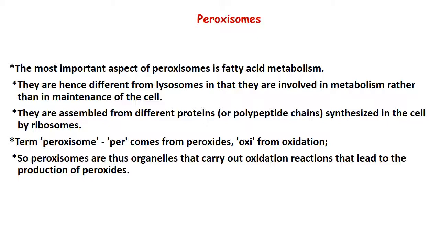Remember, peroxisomes are involved in metabolism, not in cell maintenance. They are assembled from different proteins synthesized in the cell by ribosomes. In the term peroxisome, per means peroxides, oxy means oxidation. So peroxisomes are those organelles that carry out oxidation reactions that lead to the production of peroxides.